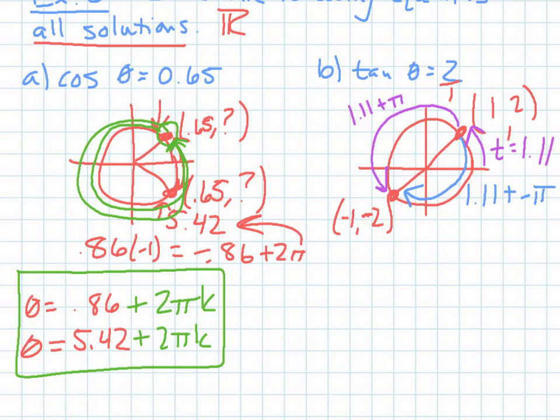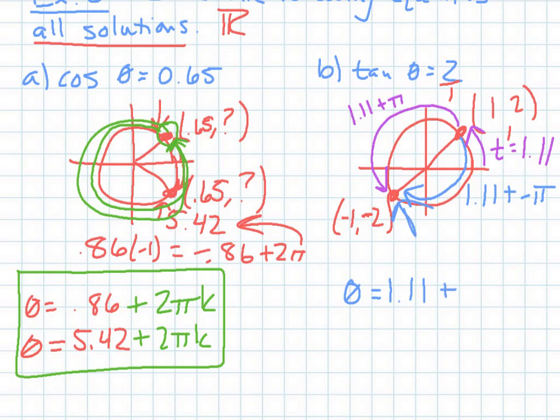So tangent is a little different, where for all the solutions you can represent each answer by just doing one expression. For theta, you got that first one, 1.11, but because it repeats every pi instead of every 2 pi, and that couples up with this one, it'll be the same.